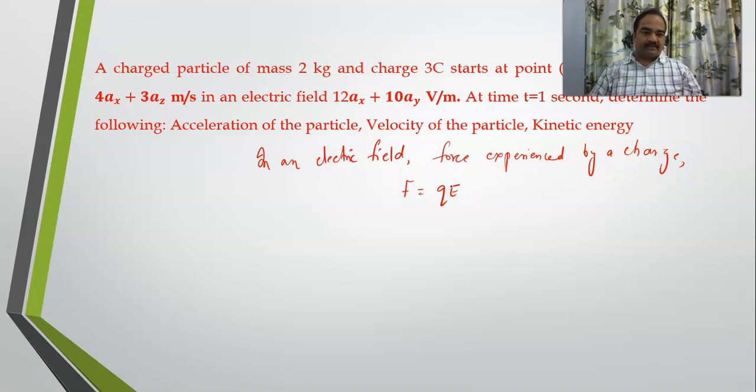There is no magnetic field present here, so I will limit myself to QE. If there was a magnetic field, then the equation was QE plus Q into V cross B, right? This was electric force, this was magnetic force.